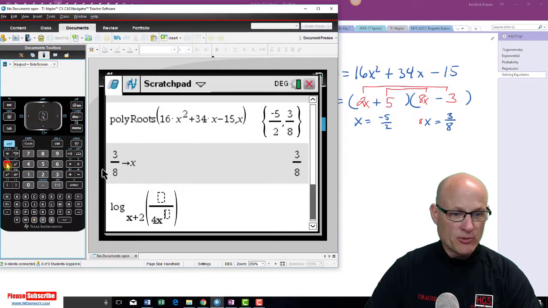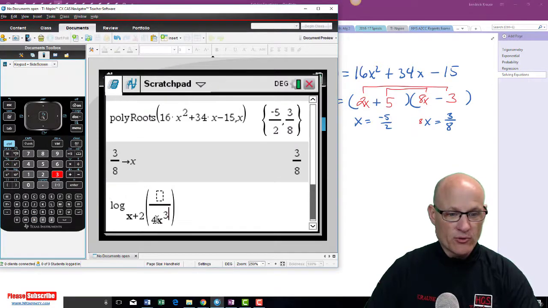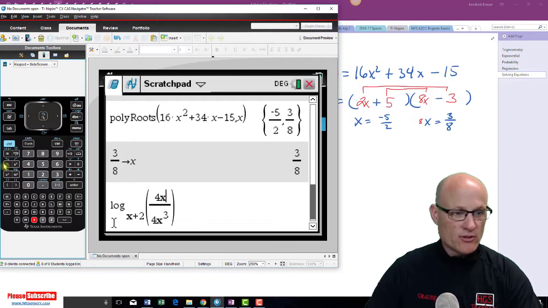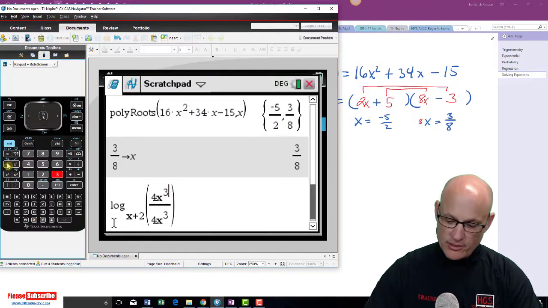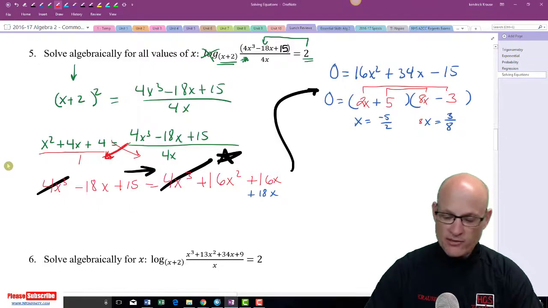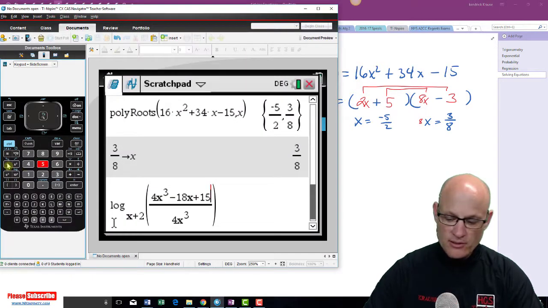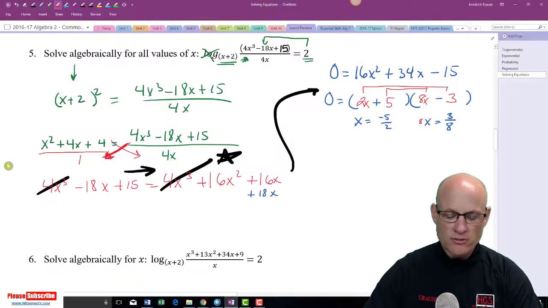I wish there was a fast way to put cube in, and of course that's supposed to be on the top, so we'll just cut that and see if we can put it up on the top. I don't think it's going to work, doggone it. 4x, plus 18x, minus 18x, plus 15, all over 4x.